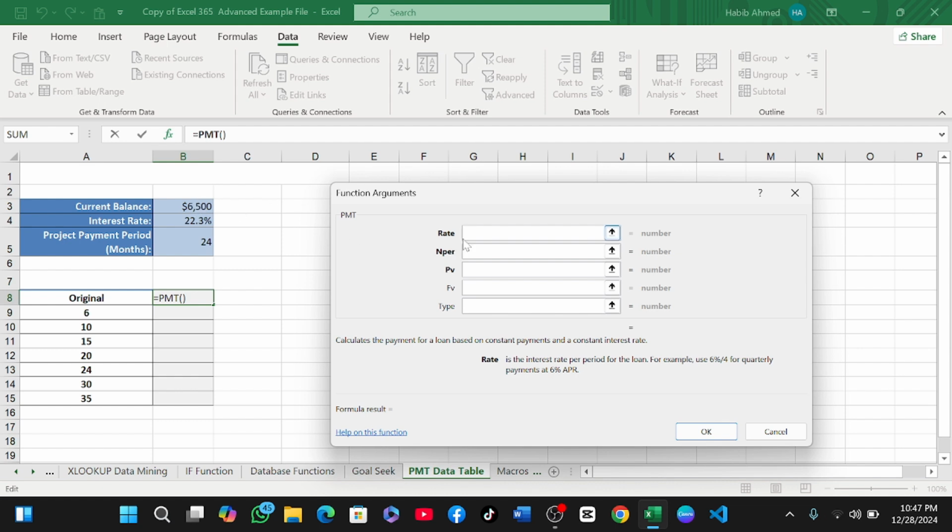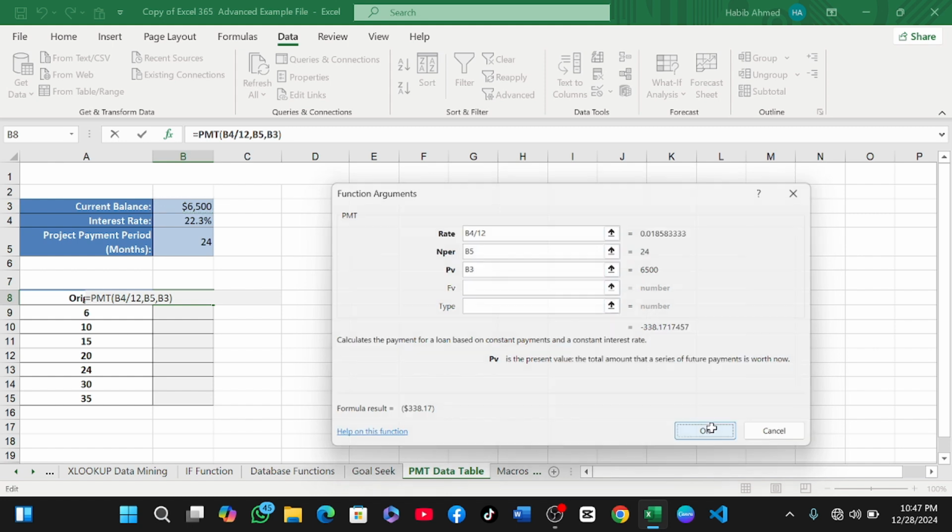Also the rate is this 22.3%, and we divide by 12. The NPER is the total, which is the 24 months, or else it is 2 years. And the PV, the present value, is still $6,500. Now you have your rate, your NPER, and your PV. And now you click on OK.